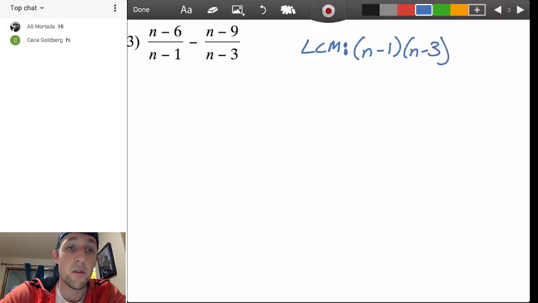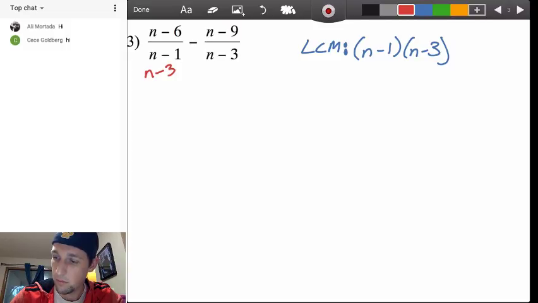Okay, so what we're going to do is get a common denominator. And when we get a common denominator, all we're going to do is multiply that first fraction by n minus 3, and that second fraction by n minus 1.